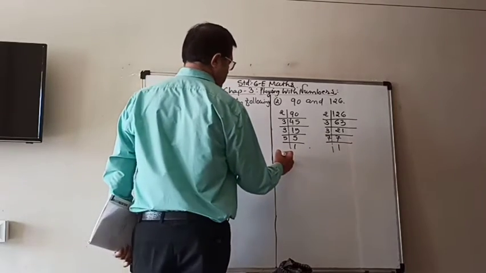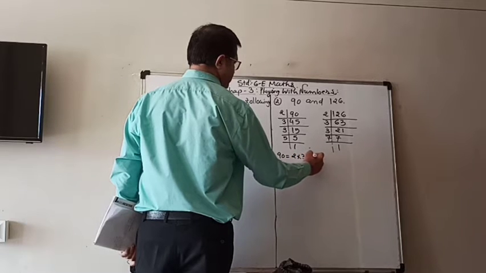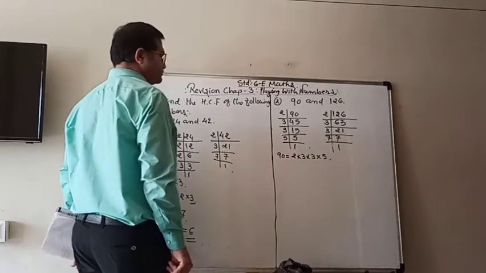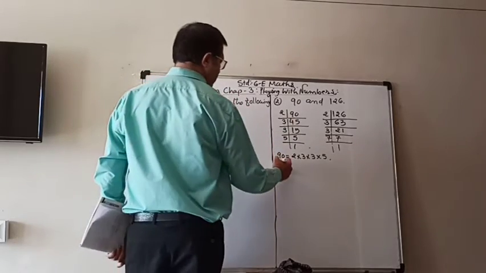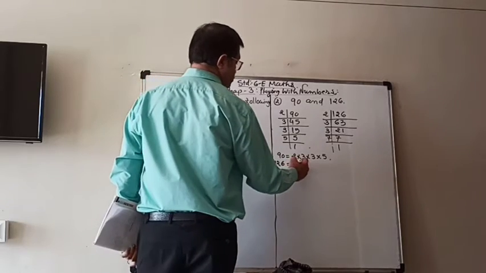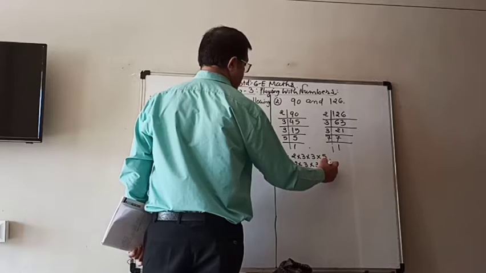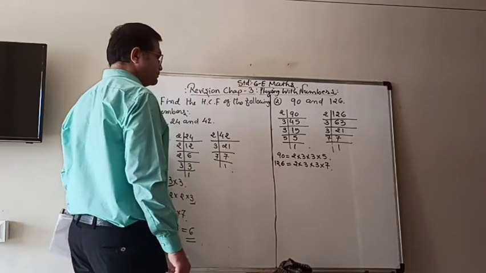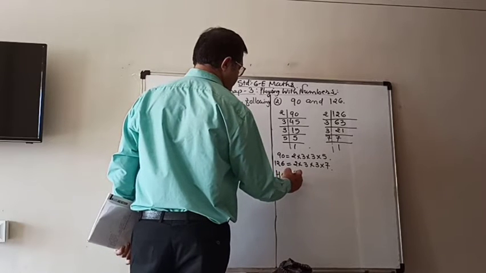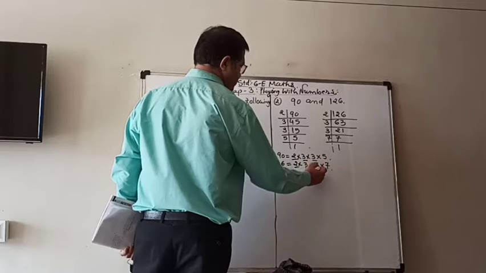So now we will write down 90 is equal to 2 multiplied by 3 multiplied by 3 multiplied by 5. And 126 is equal to 2 multiplied by 3 multiplied by 3 multiplied by 7. So now HCF. So 2, 3, 3.